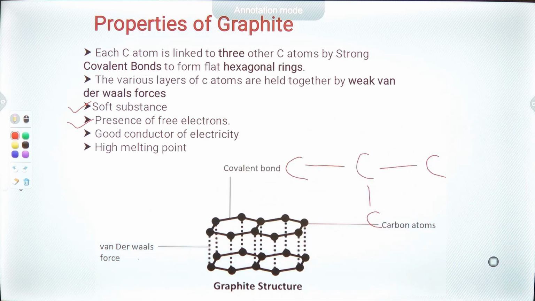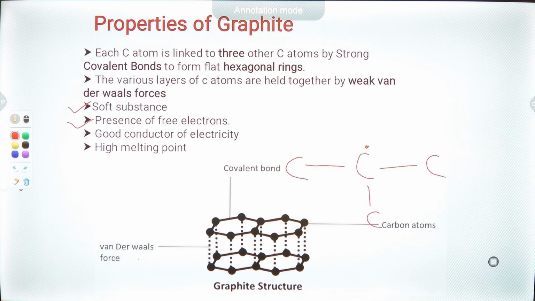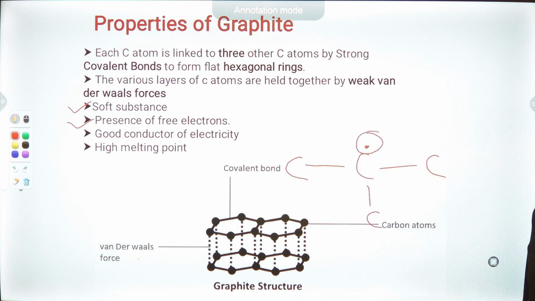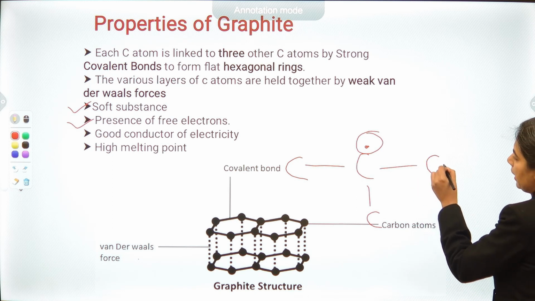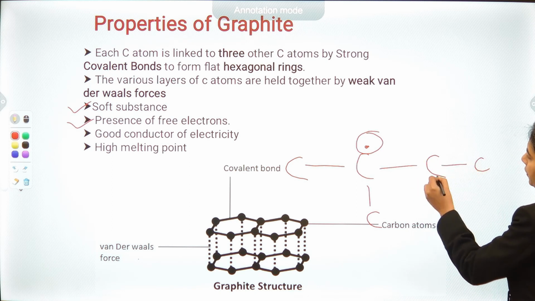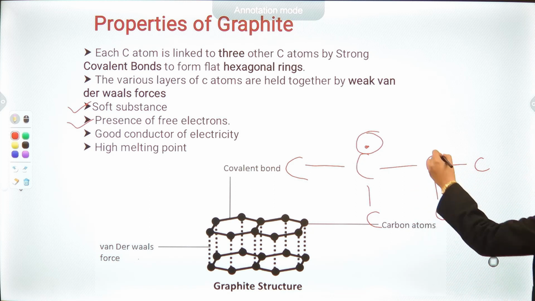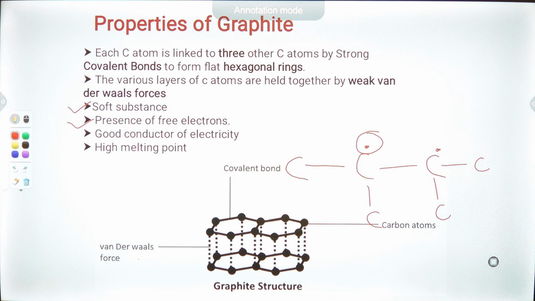It means carbon is having 1 free electron, and this free electron will be responsible for the conduction of electricity. This carbon also connects to 3 carbons, and still has a free electron.